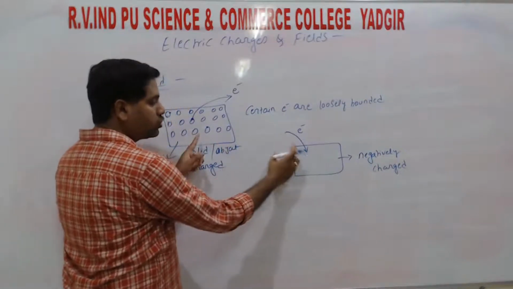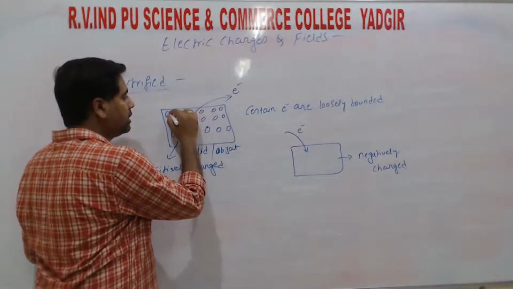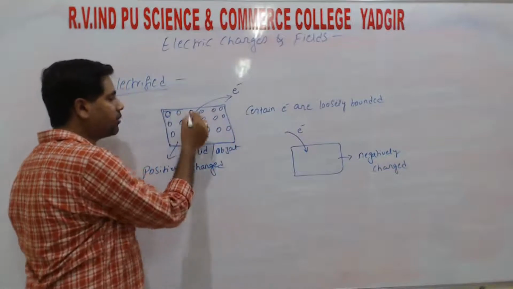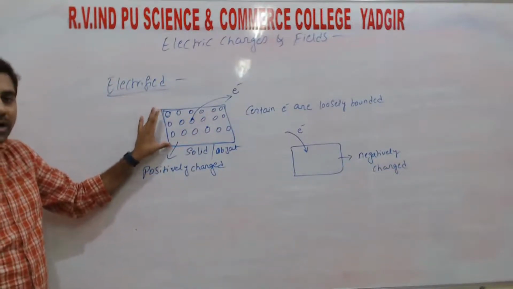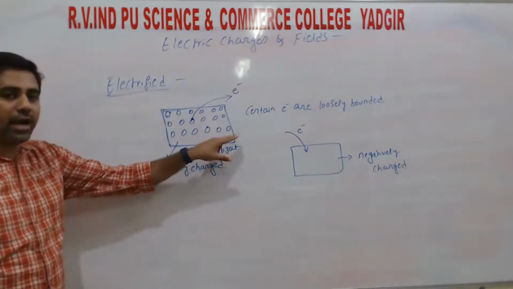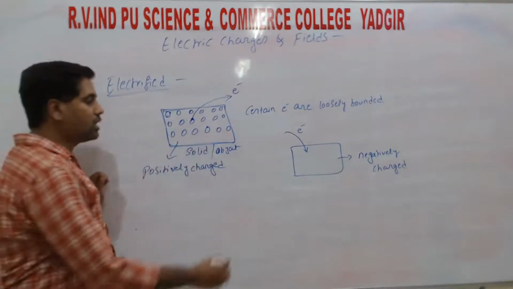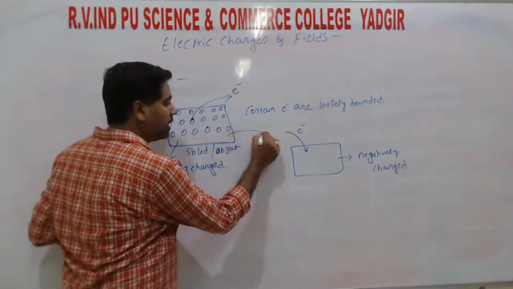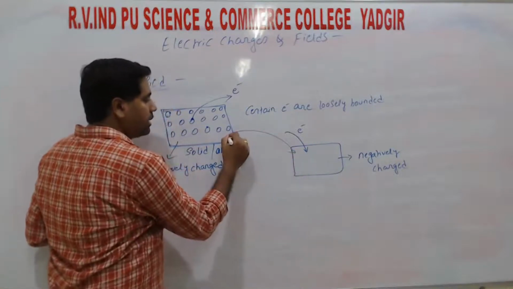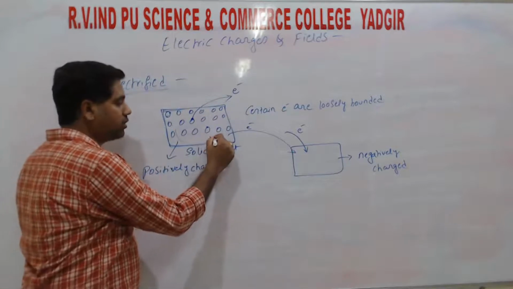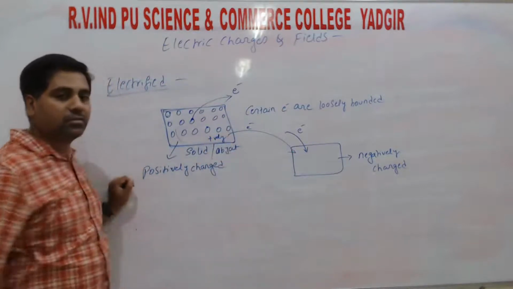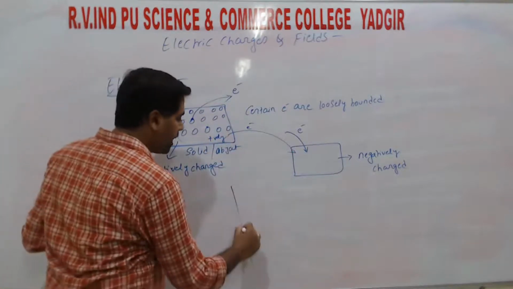So these are two different materials. When we rub these two different materials, the loosely bound electrons present in this solid are easily transferred from one object to another object. The electrons are lost by this object, hence it gets positively charged. In our example we have a glass rod.